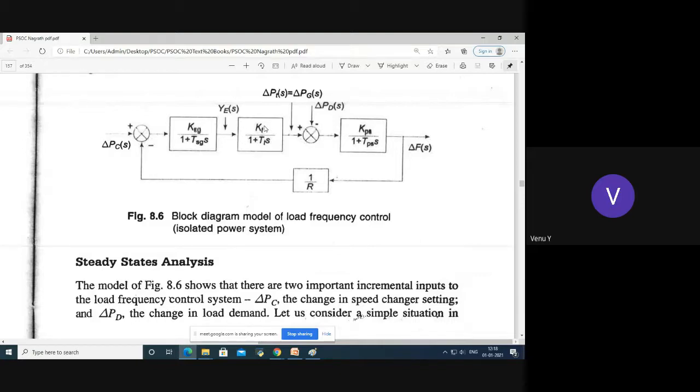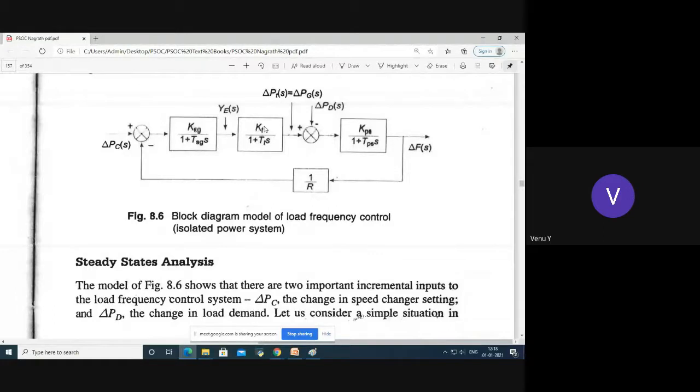In the power system laboratory, you can simulate a single area frequency control with turbine model and hydro generating plant model.